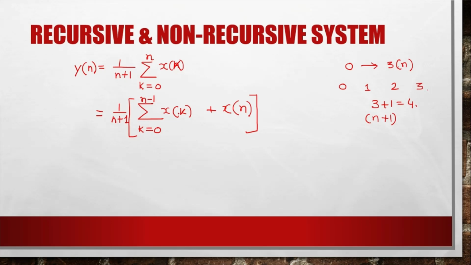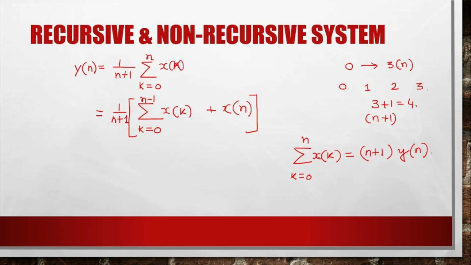If I take this expression, I get that the summation of x(k), k equal to 0 to n, becomes n plus 1 into y(n).